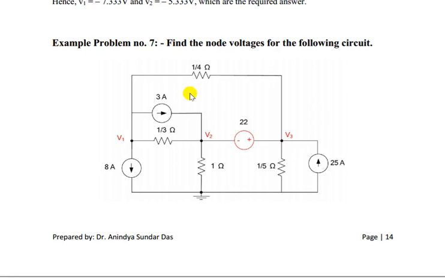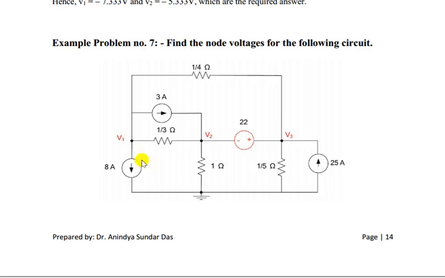Take another example problem. Now this is a circuit. We can take this one as a reference node also, one end of the voltage source, or this one. Then if you take this one as 0, we have V1, V2, V3, where V3 is known as 22 volt.